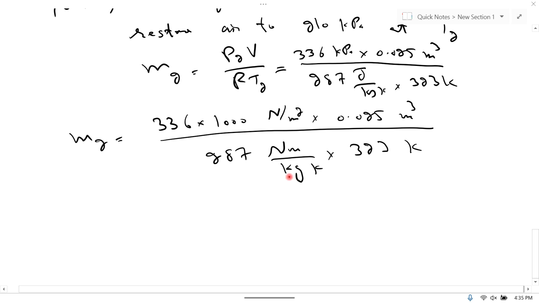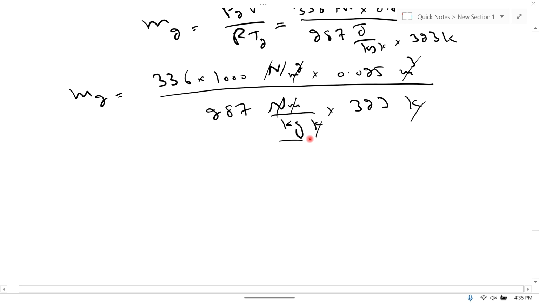The Kelvin cancels with Kelvin, Newton with Newton, and per square meter with meter cube leaves per meter, which cancels with meter cube. The per kilogram in the denominator moves to the numerator in the double division, so the answer for M2 will be in kilogram.